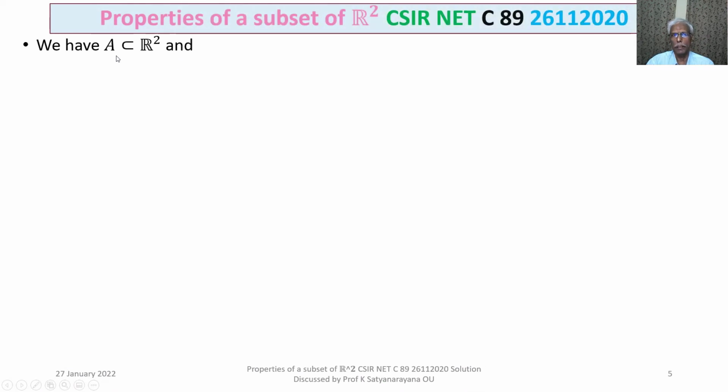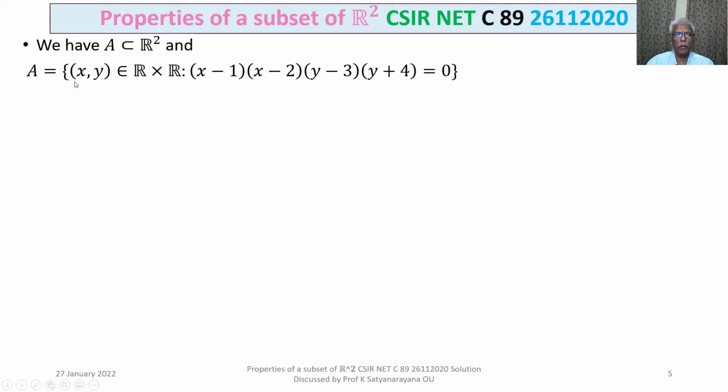So we have A is a subset of R square, and A is the set of all ordered pairs x comma y belongs to R square such that x minus 1 into x minus 2 into y minus 3 into y plus 4 is equal to 0.